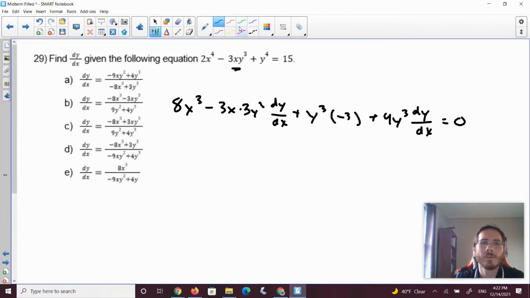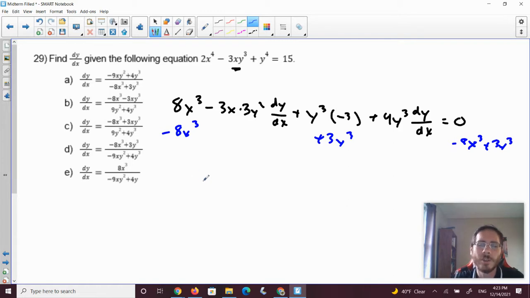All right, cool. So let's start moving things over. We want to do minus 8x cubed, and we're going to do plus 3y cubed. And this person, when they wrote the question, wanted the x's to go first. So I said, all right, that seems okay.